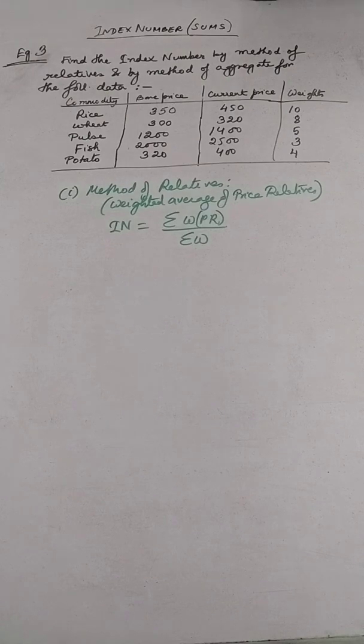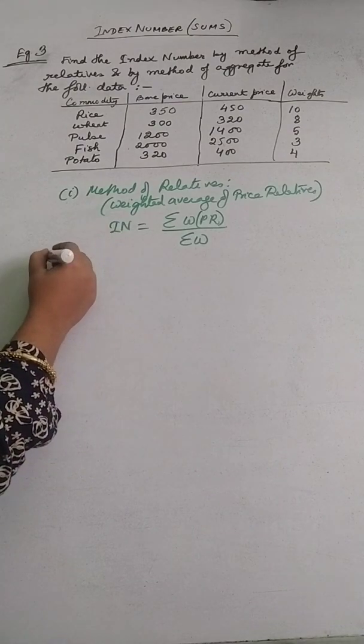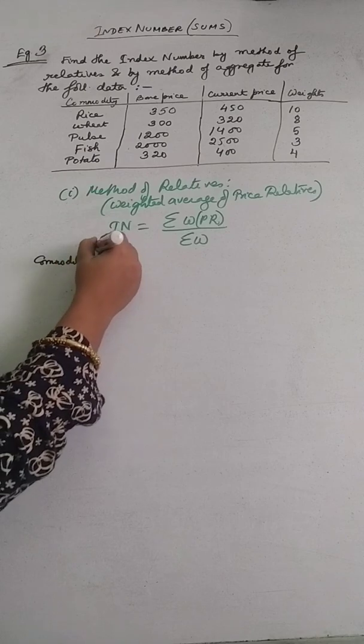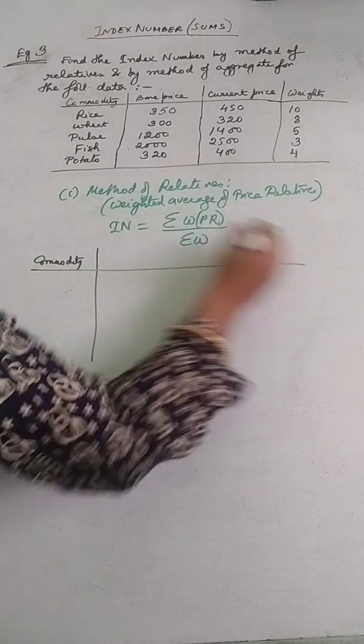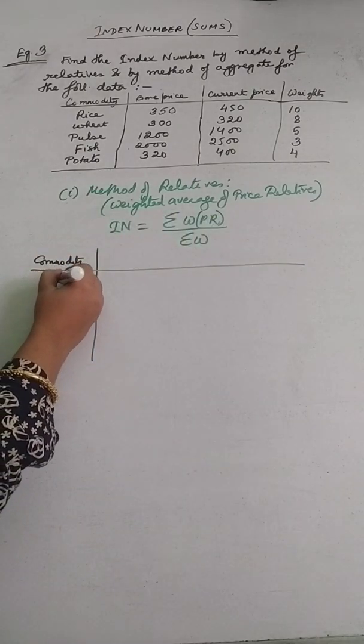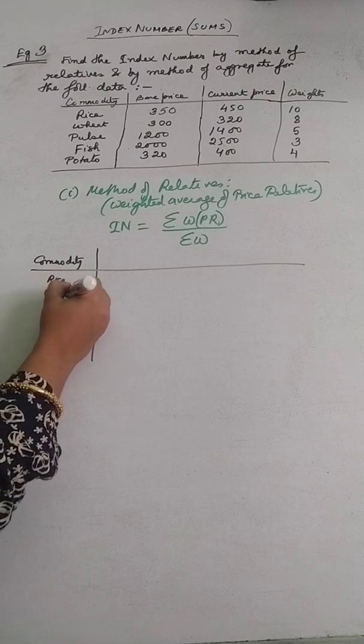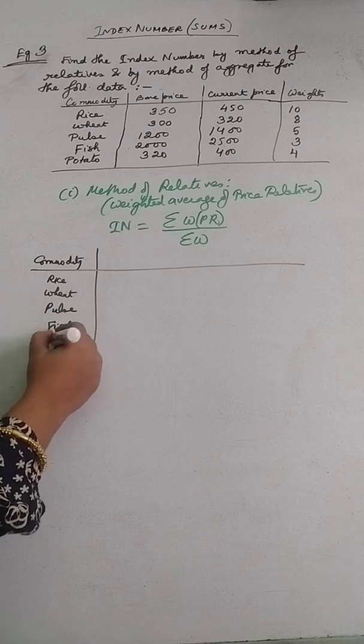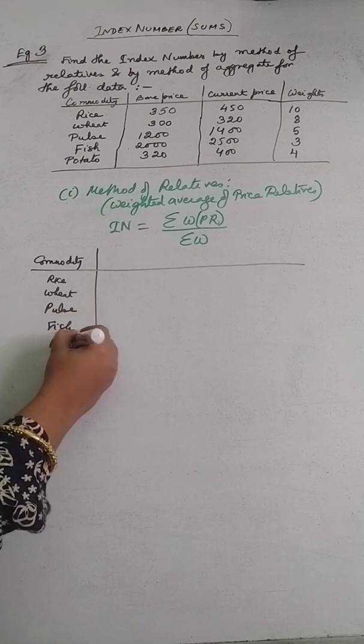So what do we need now? What are the columns? Columns are commodity, and right from this end, commodity as it is, that is rice, wheat, pulse, fish, potato.